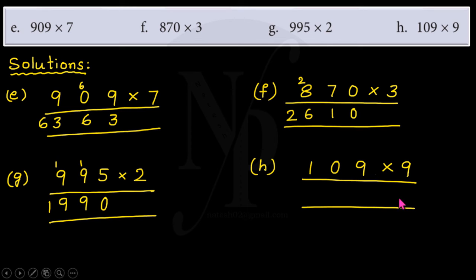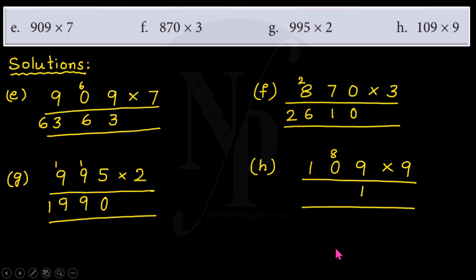So here I have written 109 into 9. Let's multiply now. 9 nines are 81. So 81 ones are regrouped as 8 tens and 1 one. So 8 tens are carried forward to tens column and 1 is written here in ones column.